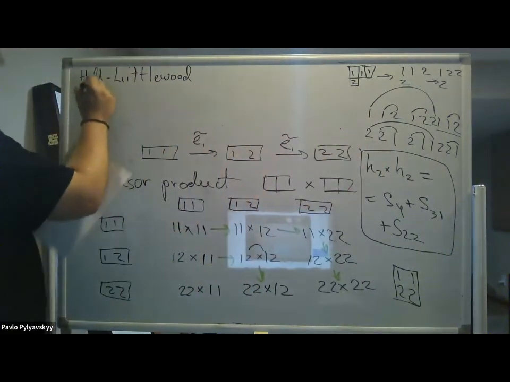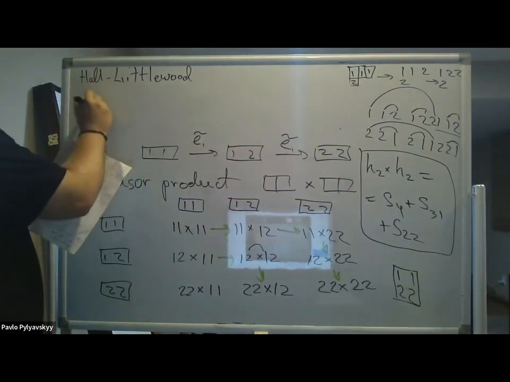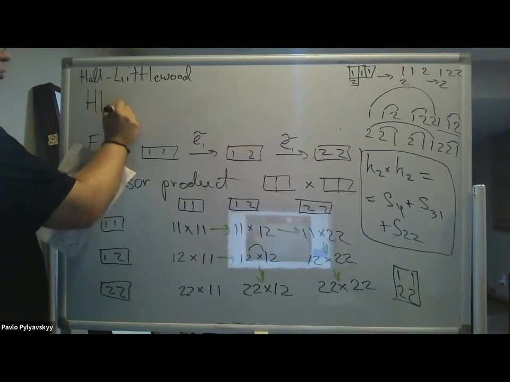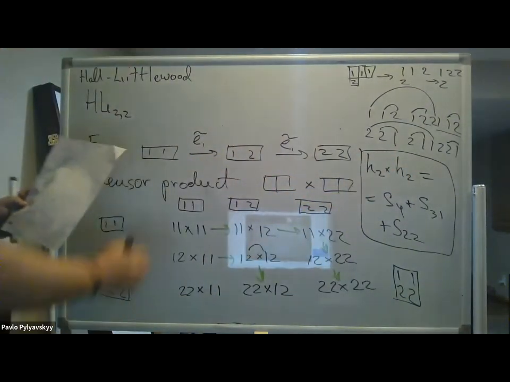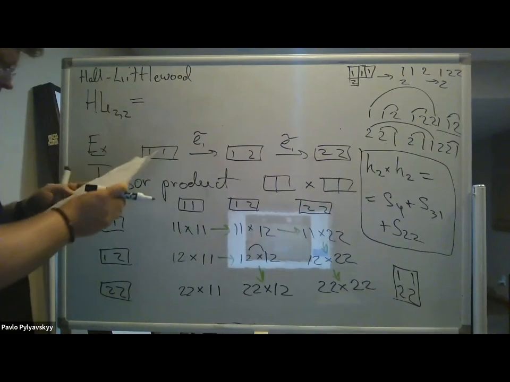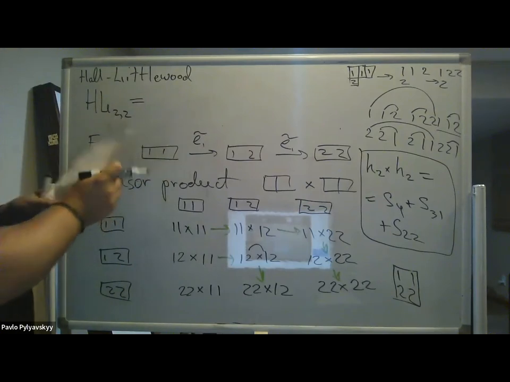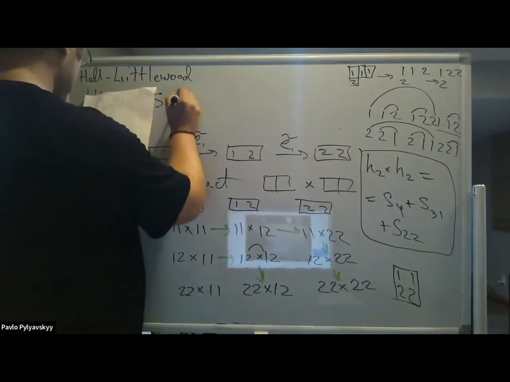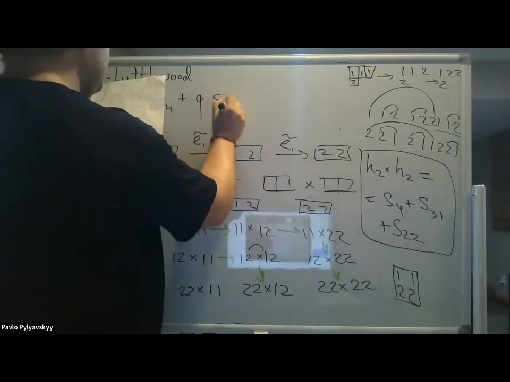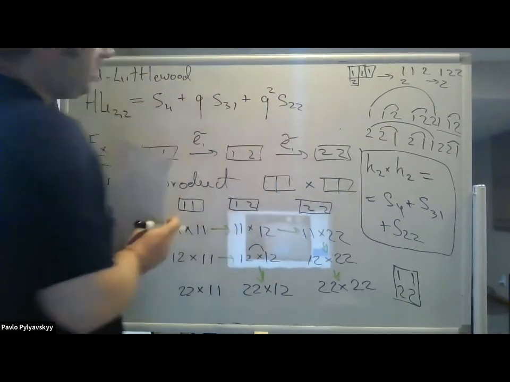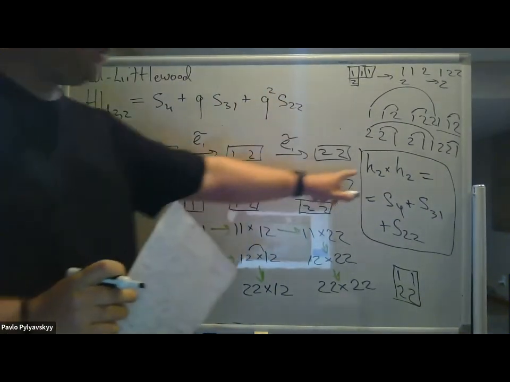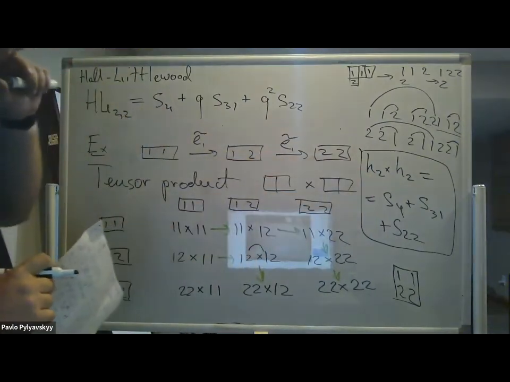In this case, we would write something like Hall-Littlewood (2,2), which corresponds to taking this product H2 times H2. And the formula for Hall-Littlewood (2,2) is like this. It's S4 plus q S31 plus q squared S2,2. So it's an important deformation of those symmetric functions, products of H's.